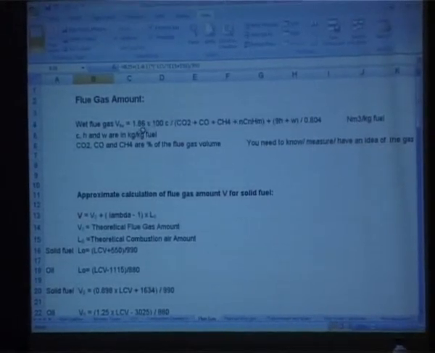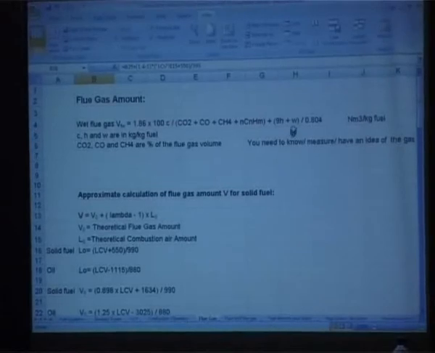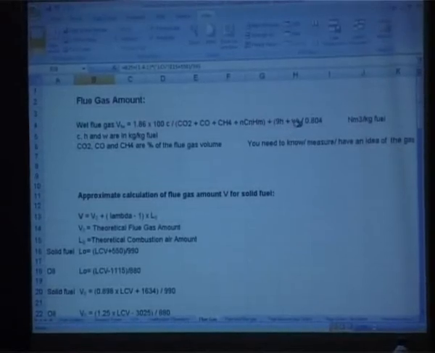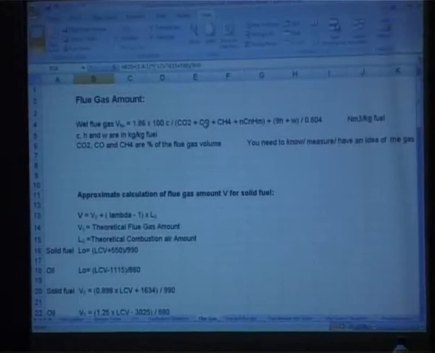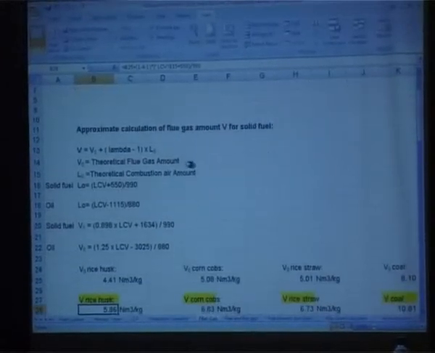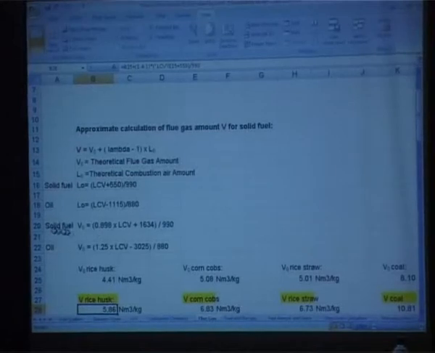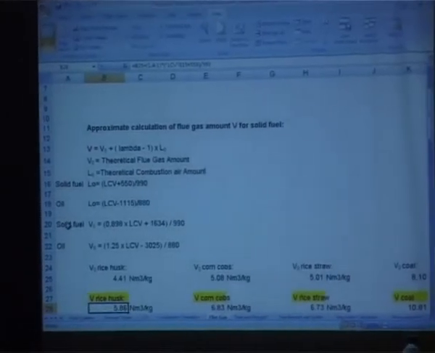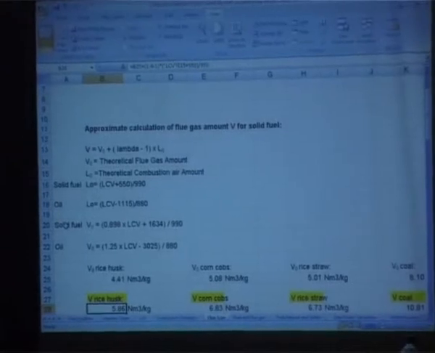and then you just put in the different inputs, like water, the moisture content, carbon monoxide, methane, depending on your fuel. But it's made even easier: here a formula for oil, and here one for solid fuel.